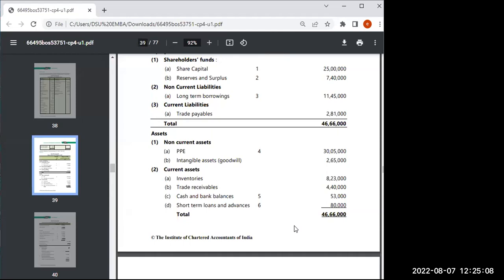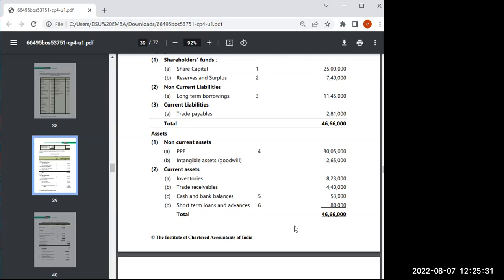After confirming 100% that all the items are recorded, then you have to take a total. Even after that, if you find some mismatch here, then you have made some mistake. Once again, you have to check all the items are properly recorded. Okay, now you take a total.